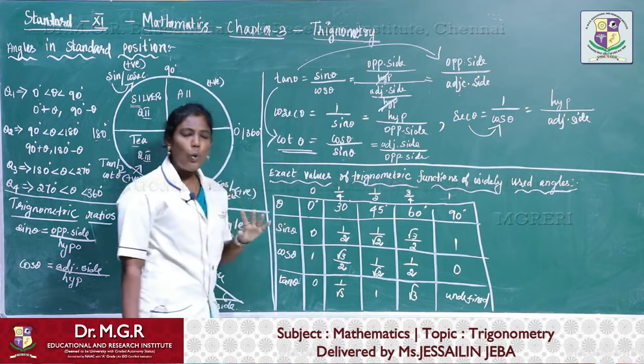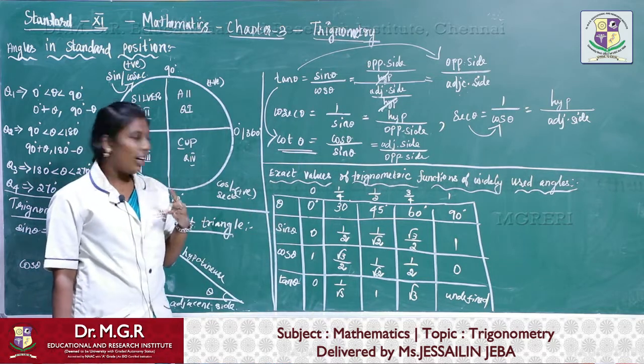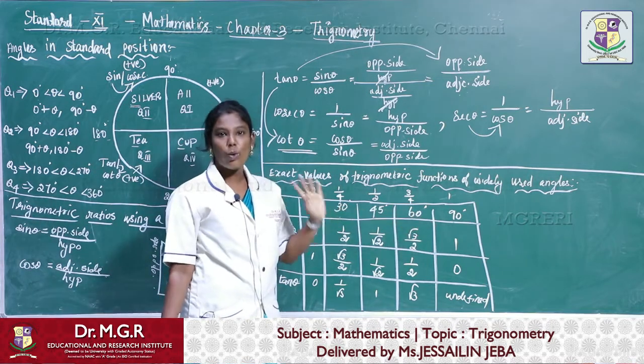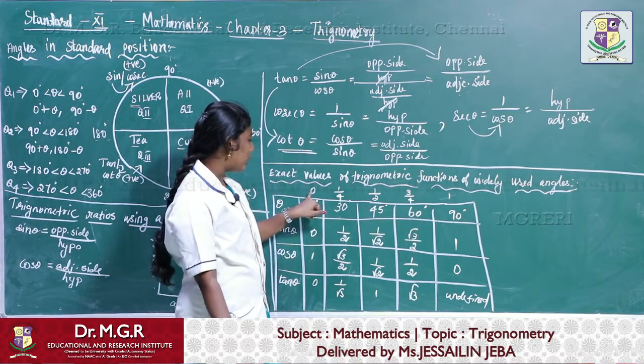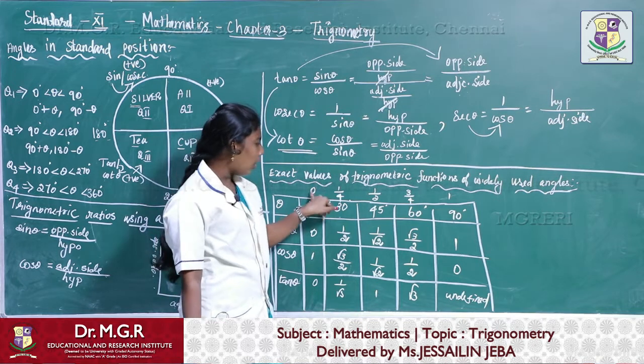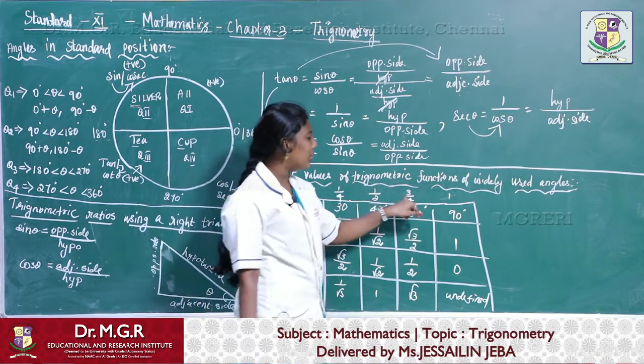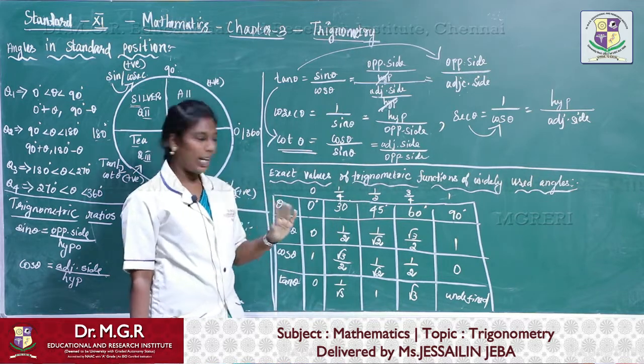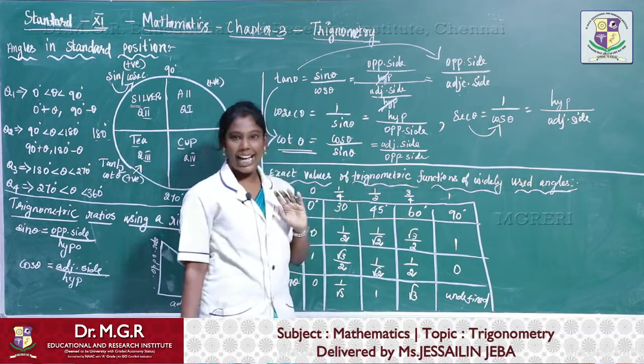We are going to take 5 values for these angles: 0, 1 by 4, 1 by 2, 3 by 4, 1.